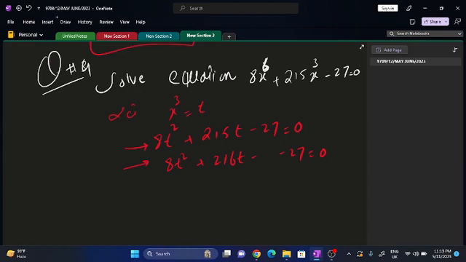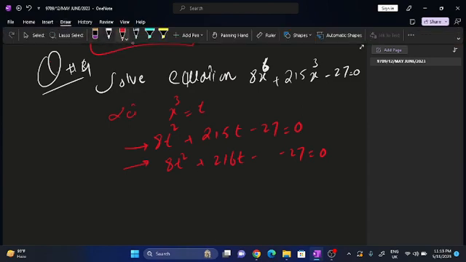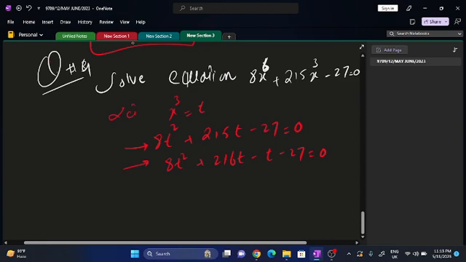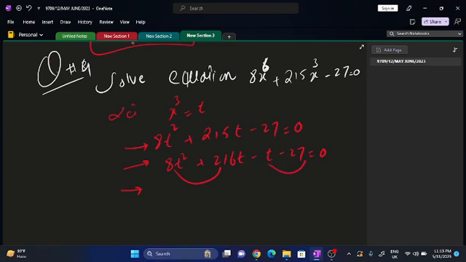This is only t, yes. That satisfies both parts for factorising. So I can proceed to make factors from this pair and this pair.